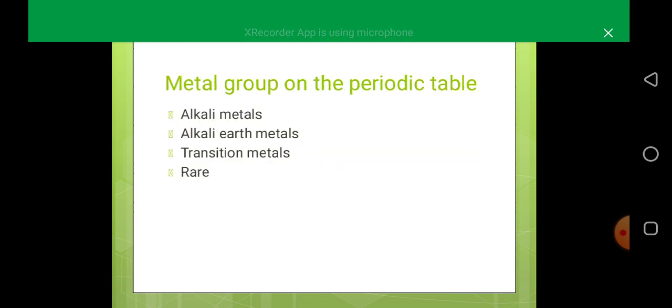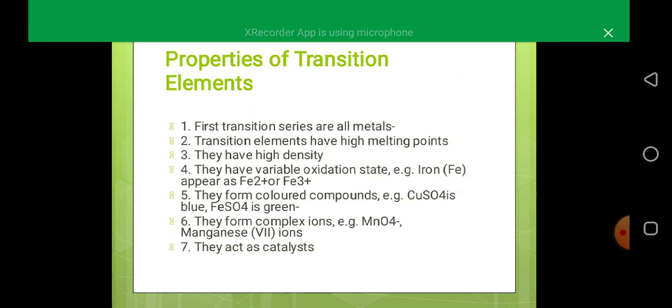Metal groups on the periodic table: we have the alkali metals, the alkaline earth metals, and the transition metals. Now, the properties of transition metals. The first transition series are all metals, from scandium to zinc.